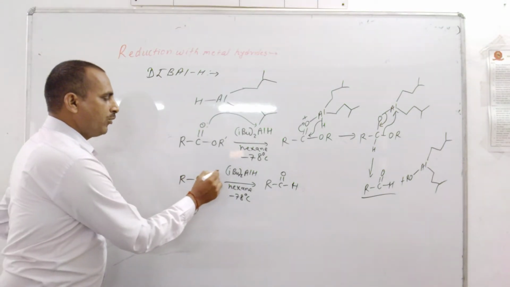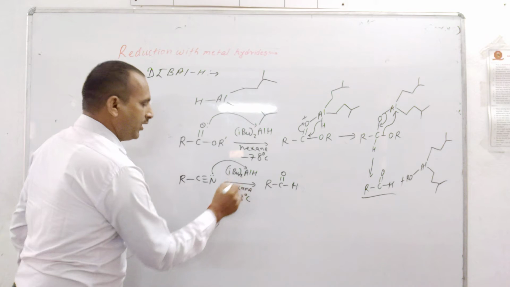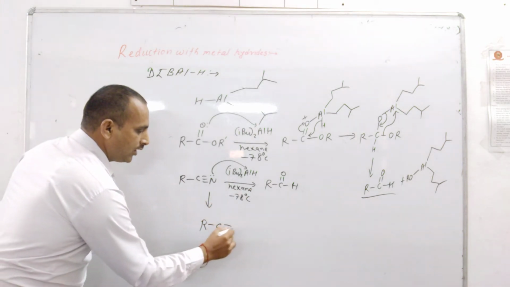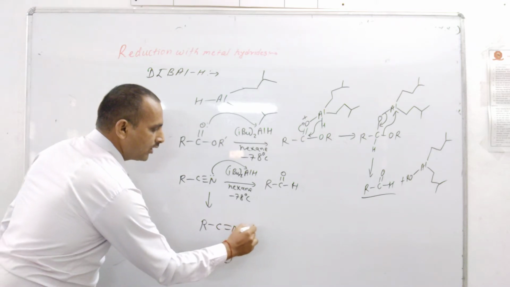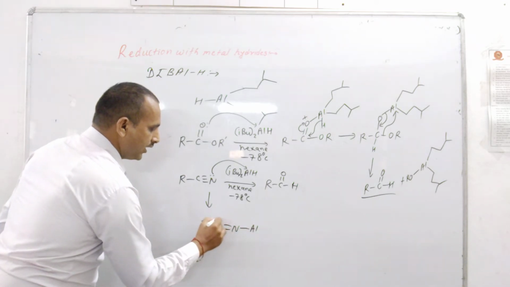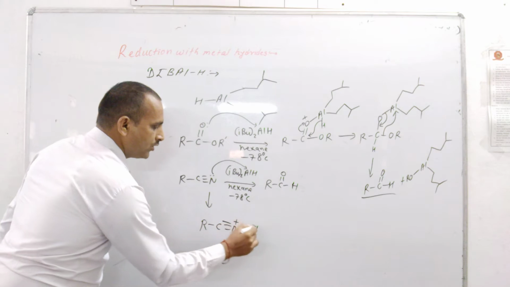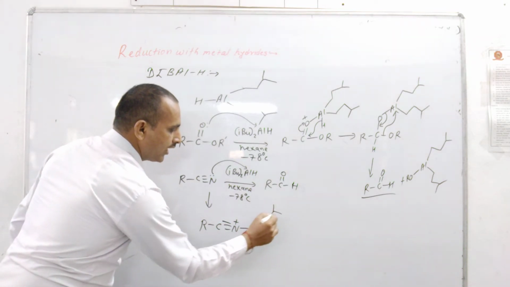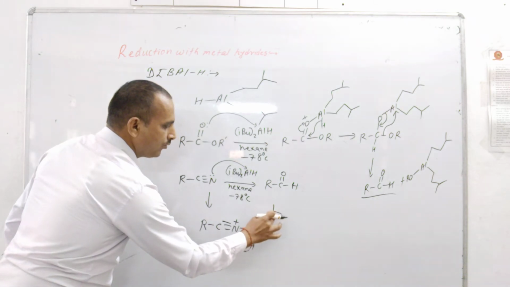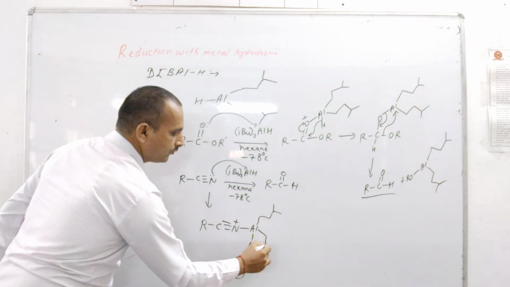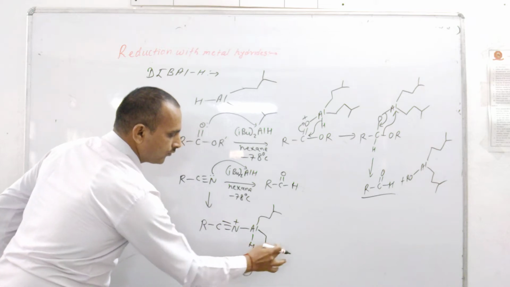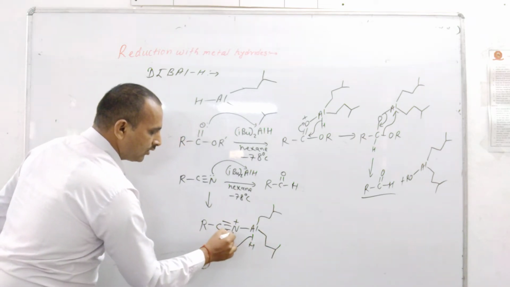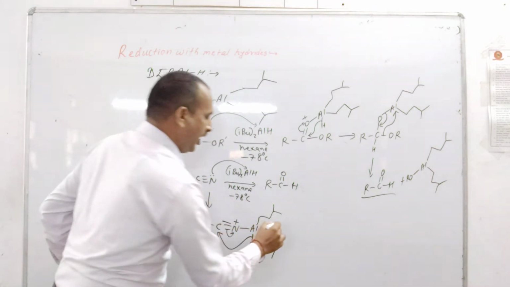Again the nitrogen lone pair attacks on aluminium. So we write the mechanism as RC double bond N and attack on aluminium. So there is positive charge, H, diisobutyl, then hydride transfer here and the nitrogen lone pair is retained.